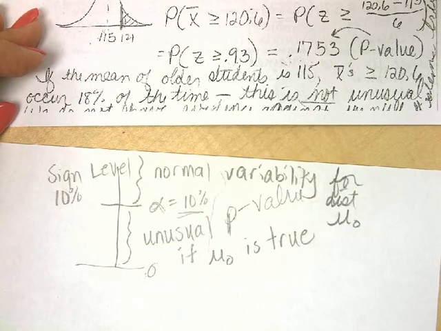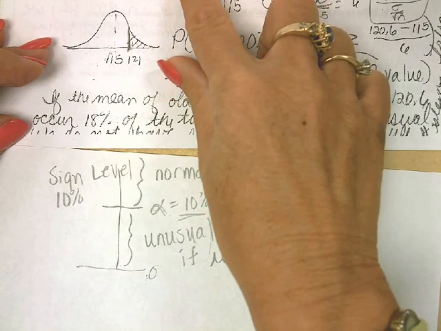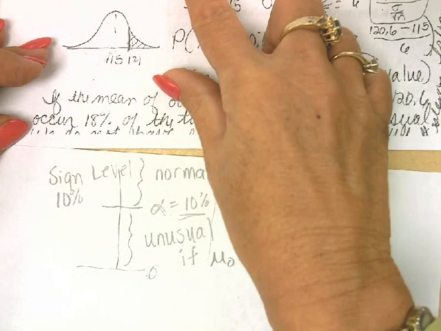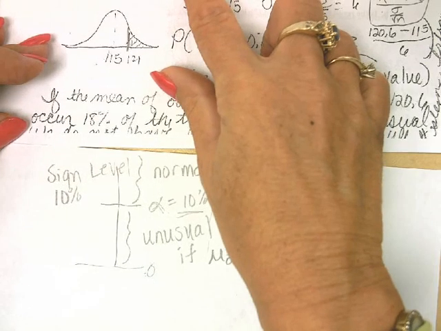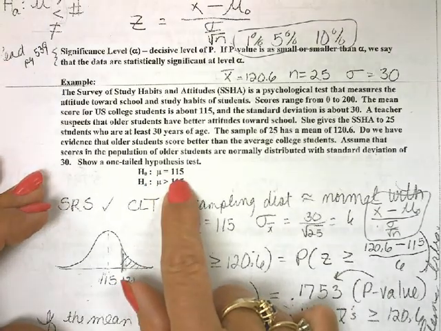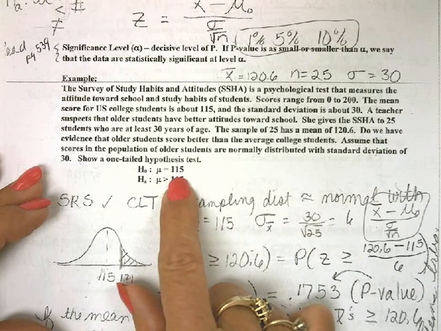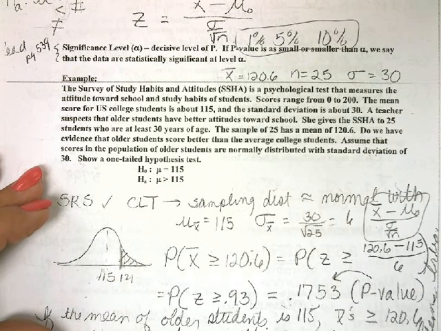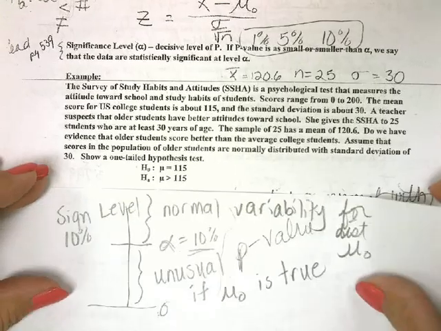So that's what we're looking at when we do a hypothesis test: do we have evidence to say, nope, that's not true. We're trying to find evidence against this value. If our p-value comes out higher than our significance level, then we say no, we don't have evidence against the null.